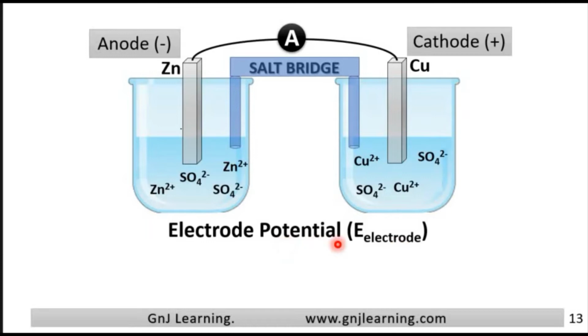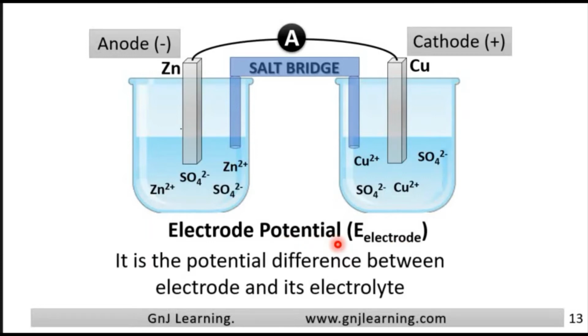How can you define electrode potential? Electrode potential is the potential difference between the electrode and its electrolyte. If you take the cathode, it has a potential, and that potential is the potential difference between electrode and electrolyte.